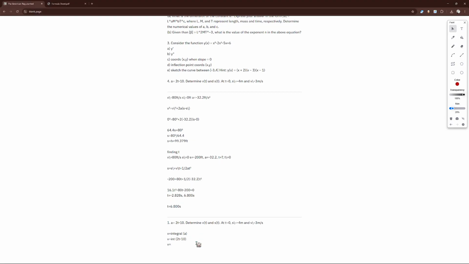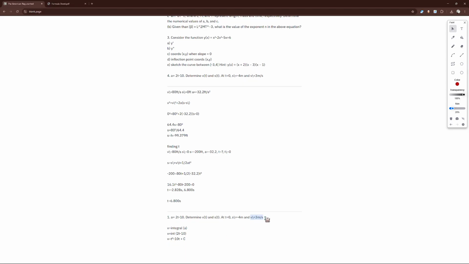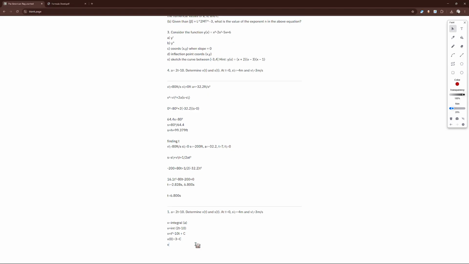So we have v is equal to t squared minus 10t plus c, right? And this is where we bring in our initial condition, v naught at t equals 0. So v of 0 is equal to 3, and if we plug in t equals 0, the other terms become 0, so c is 3. That means v as a function of t is equal to t squared minus 10t plus 3.